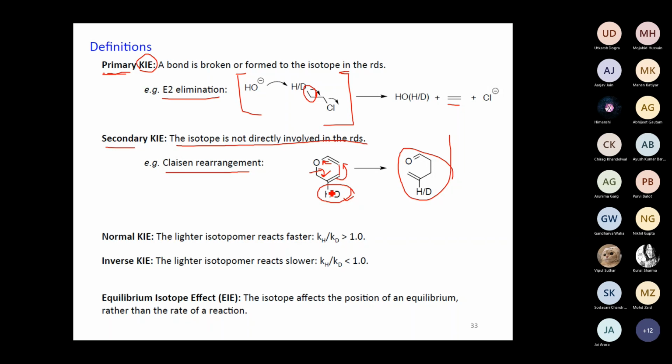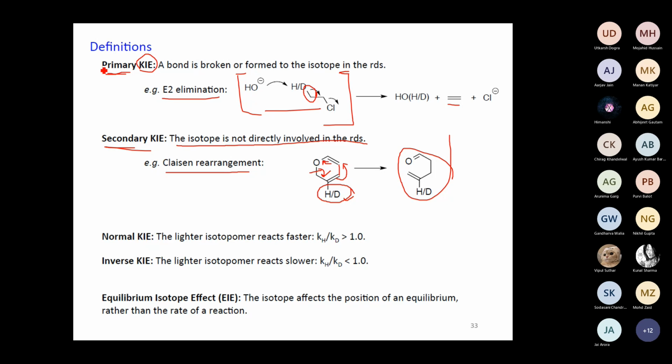This is intact. It is not being broken, unlike E1, E2 reactions. In those cases you may see KH and KD might be a little different, but whatever the difference, it will be minimal, and that's why this is called secondary kinetic isotope effect.